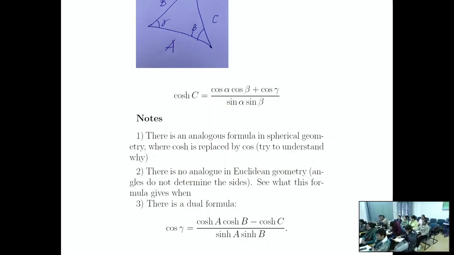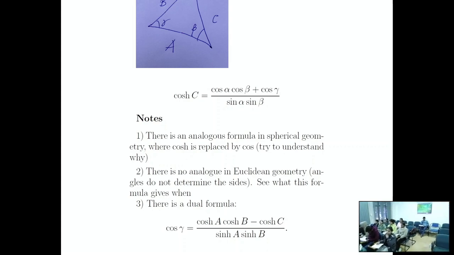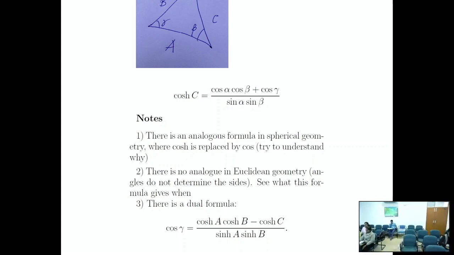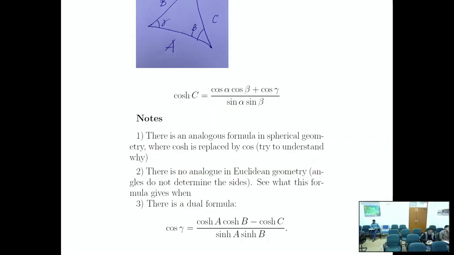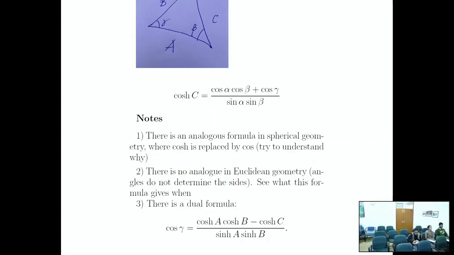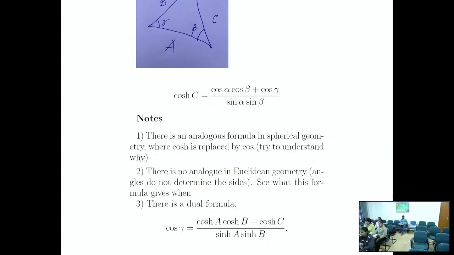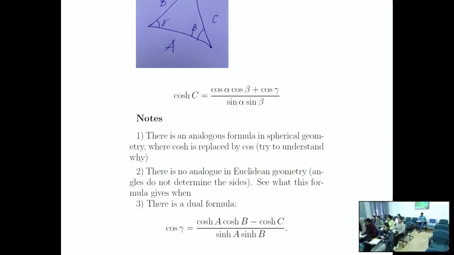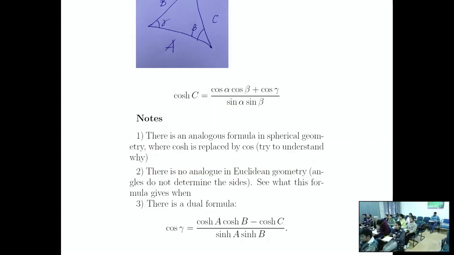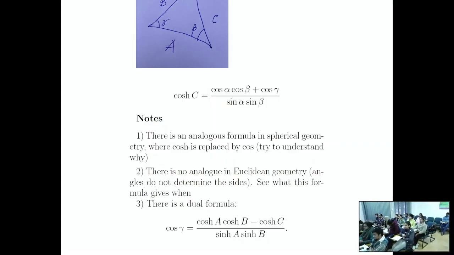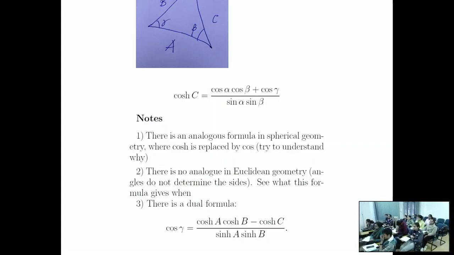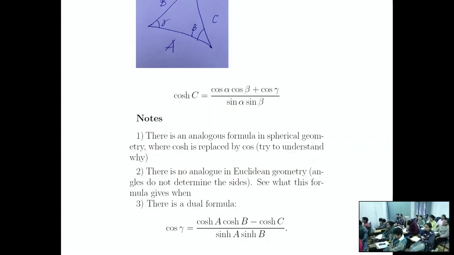Polarity theory in spherical geometry means more or less that for any given spherical triangle, you have another triangle where the sides of the one are the vertices of the other, and vice versa. The vertices of the first one are the sides of the second one.